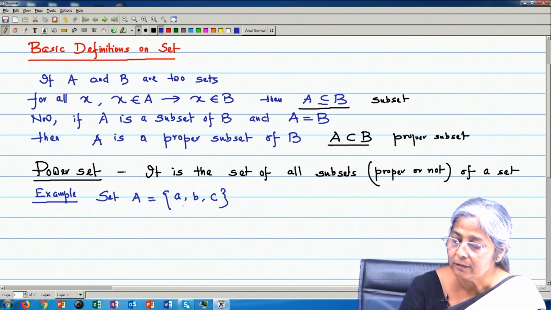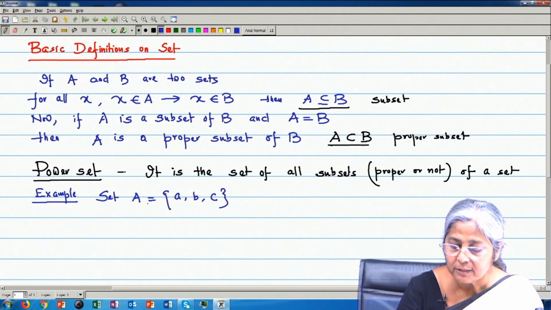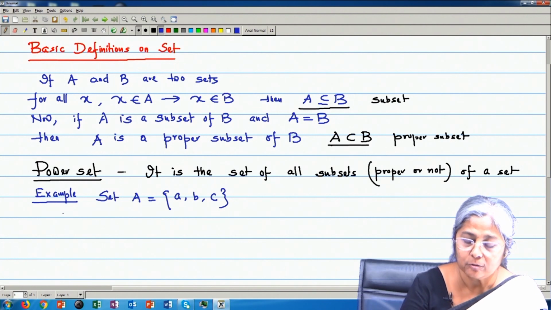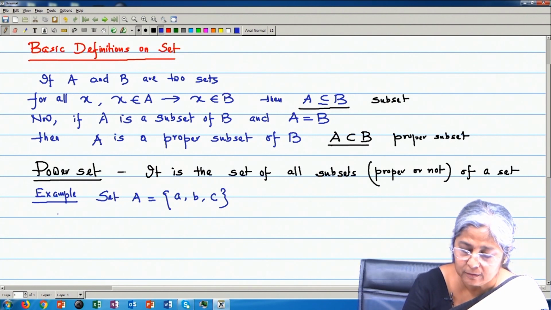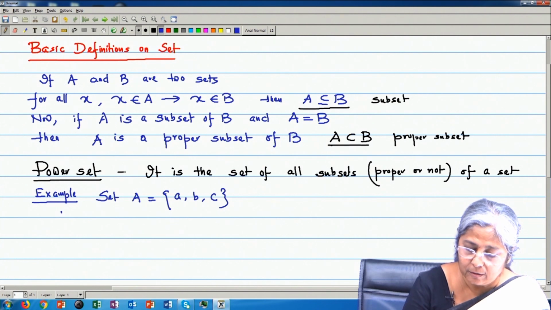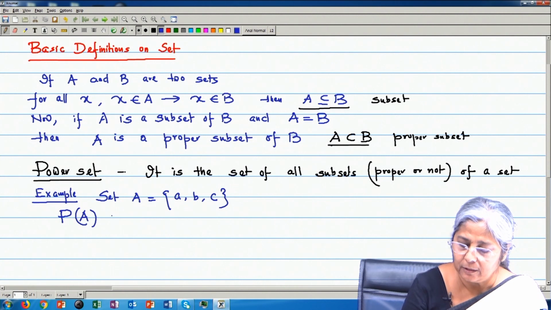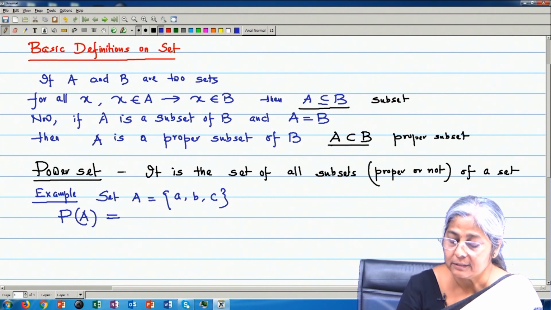Now, we define the power set of A, and normally we denote it as P of A. So, it is the set of all subsets. So, what are the subsets of {a, b, c}?